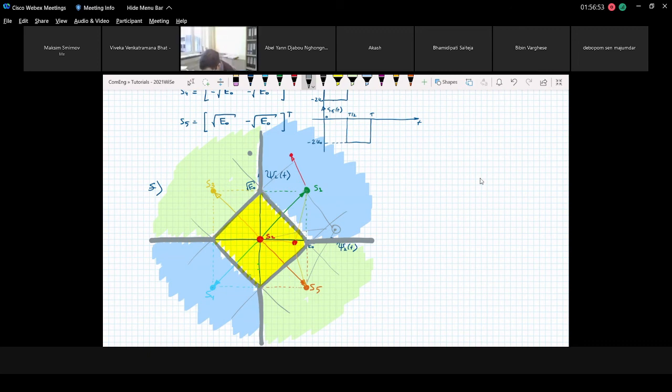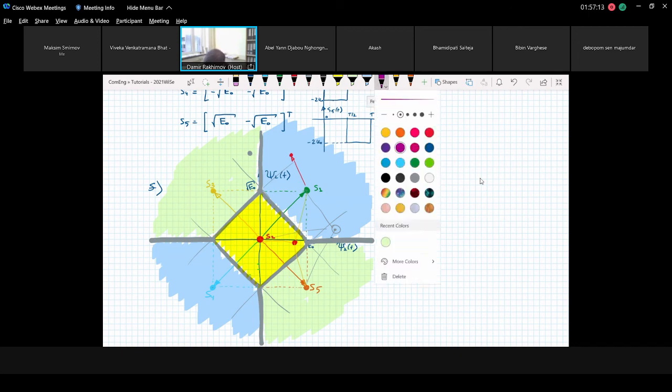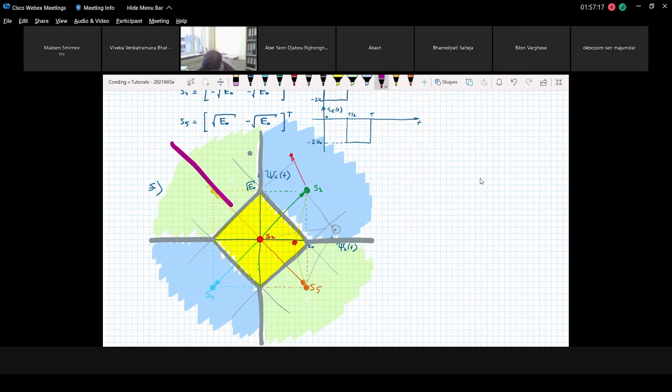What else? I think in general that's all, because also you can say let's consider points S1 and S4. If you consider S1 and S4, then probably you should put the boundary like this between S1 and S4.